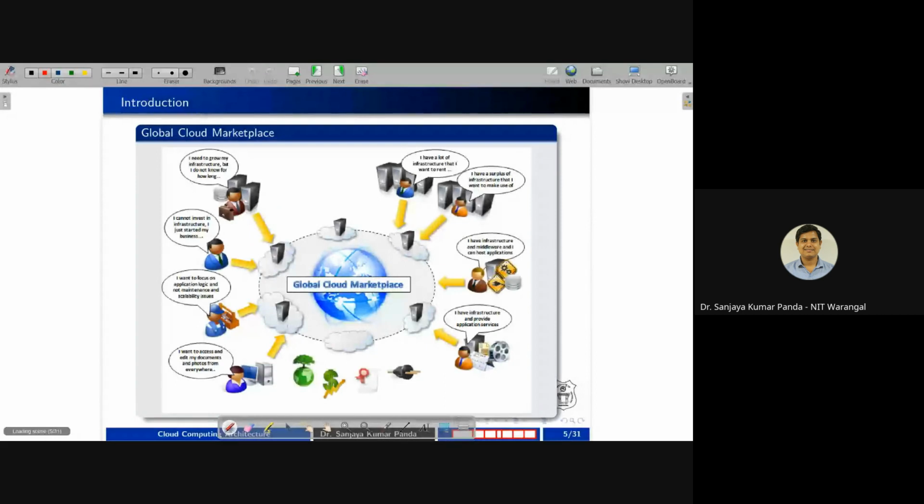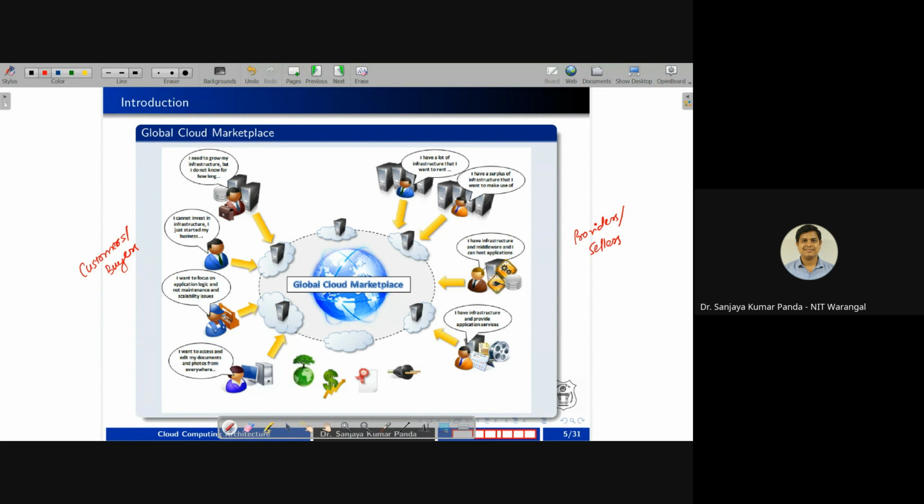Now coming to the global cloud marketplace, as I said, in a marketplace there are two types of people available. One is the customers, or you can say buyers. On the other side we have the providers, or we can say sellers.